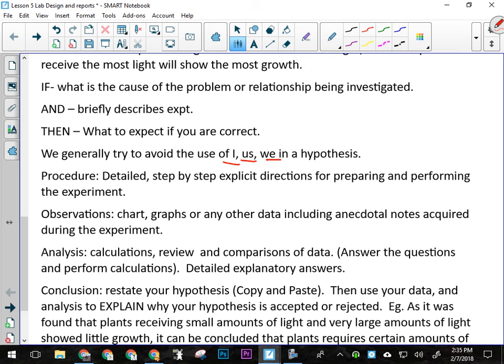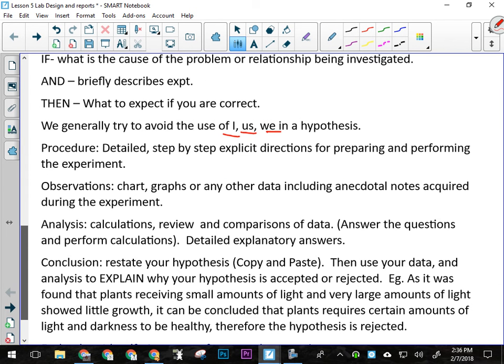That's the worst thing you could write in a hypothesis. I don't care what you think. I only care what you can prove scientifically through a lab. That's what we want to say in our hypothesis. If this is true and this is done, then this is what's going to happen. If you think something else is going to happen, good for you. Don't write it down. Just find out after.